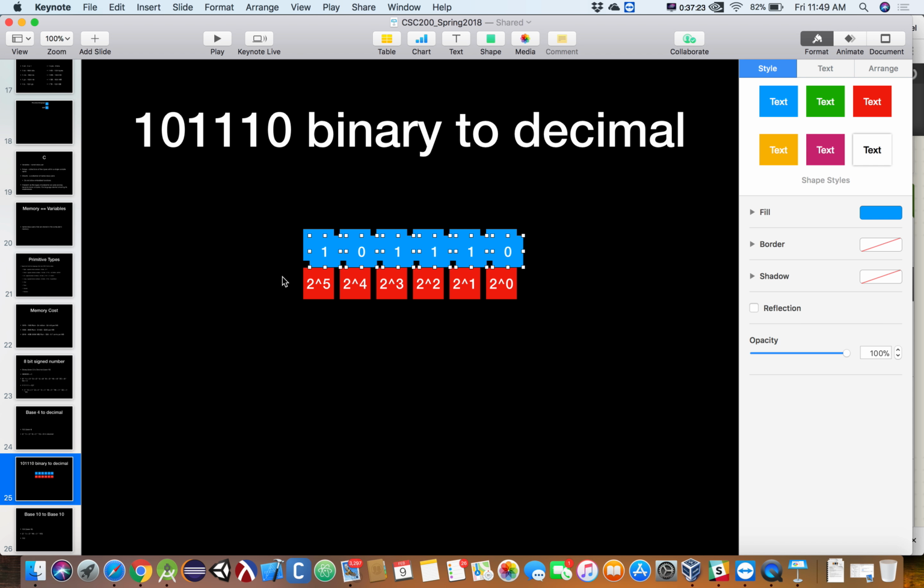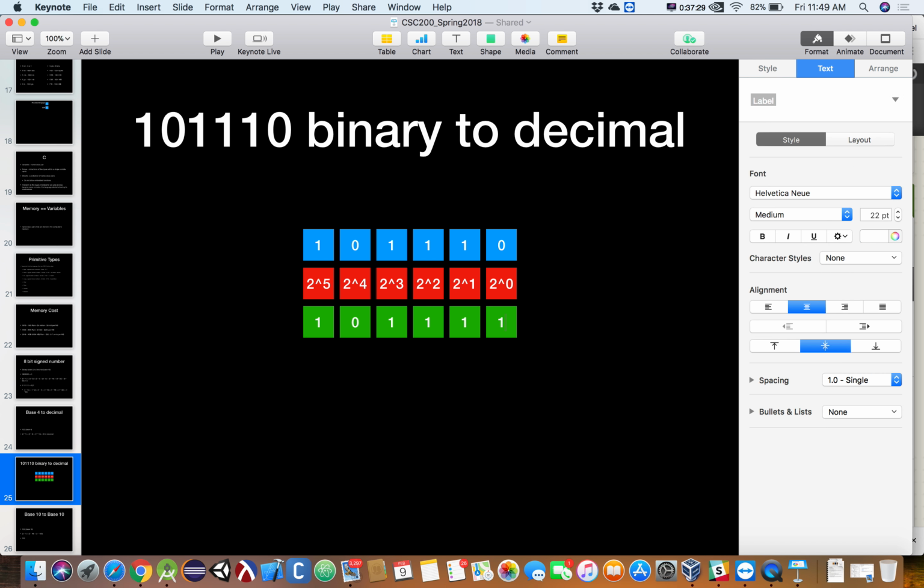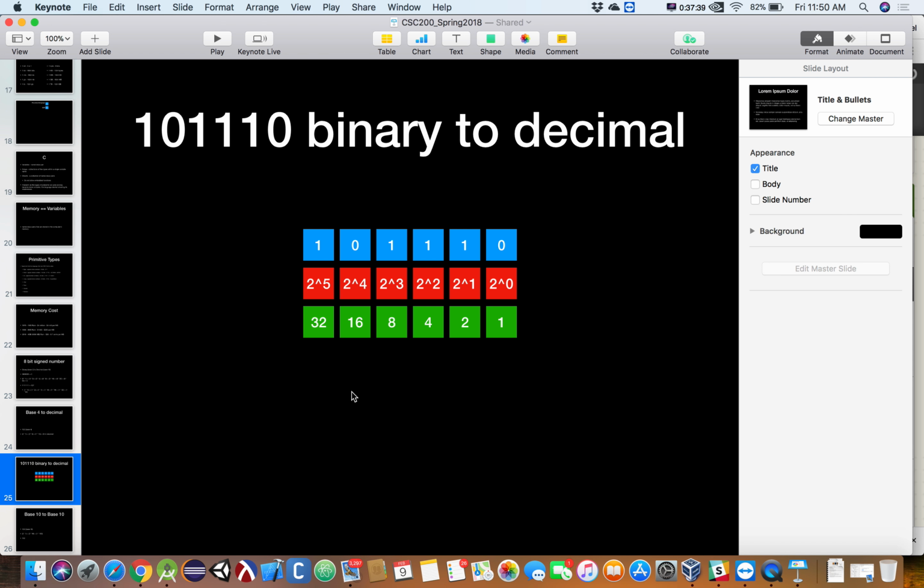If we want to write that a different way, this is the 1's place, the 2's place, the 4's place, the 8's place, the 16's place, the 32's place.